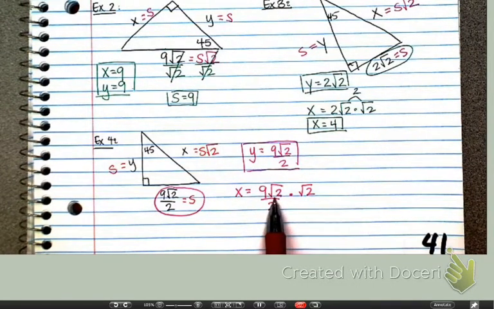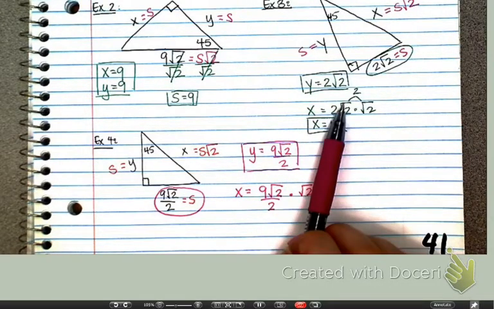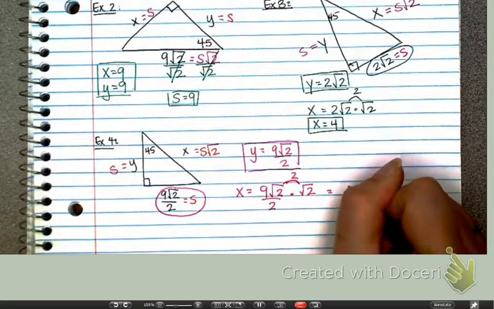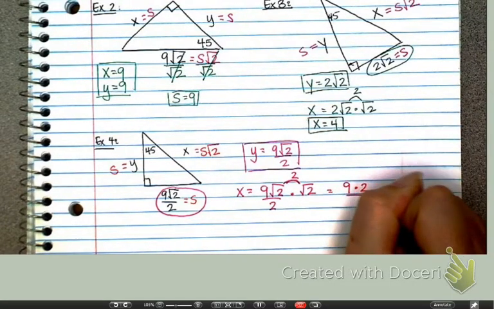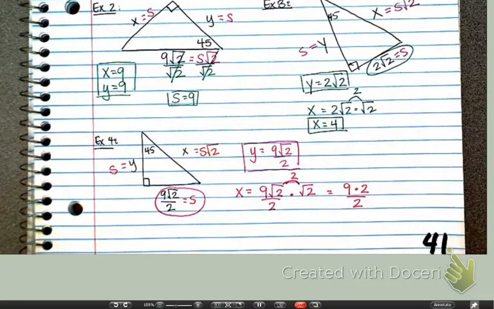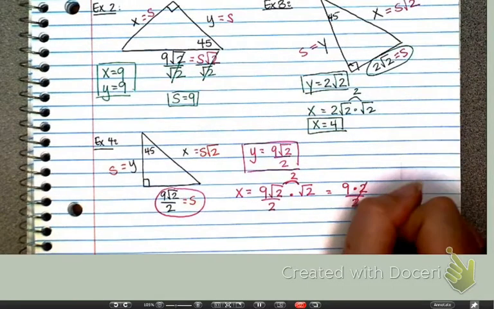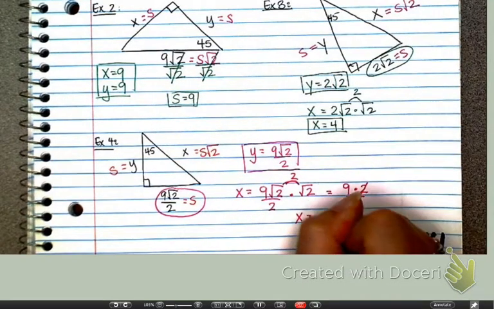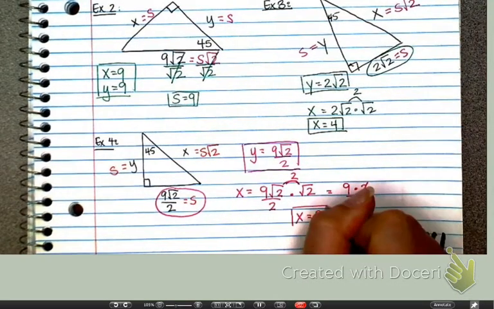What is radical 2 times radical 2? 2. Right? It's a square root of 4, which is just 2, just like it was up here. So this part here is 2. So I have 9 times 2 over 2. What's going to happen? The 2's are going to cancel. Or you can do 9 times 2, which is 18, and then divide by 2. Either way, you end up with 9.